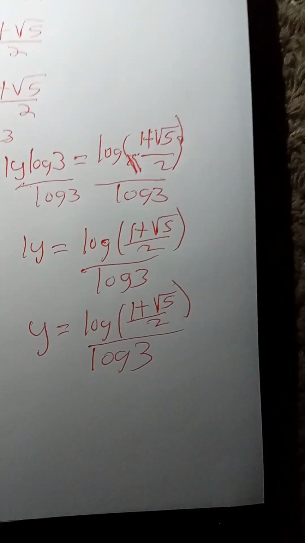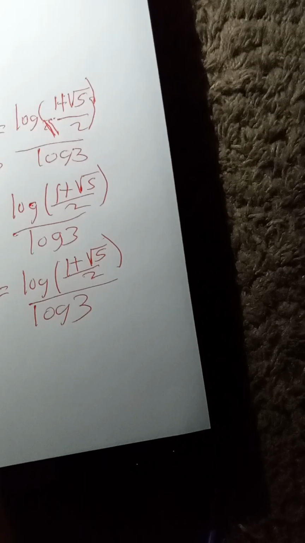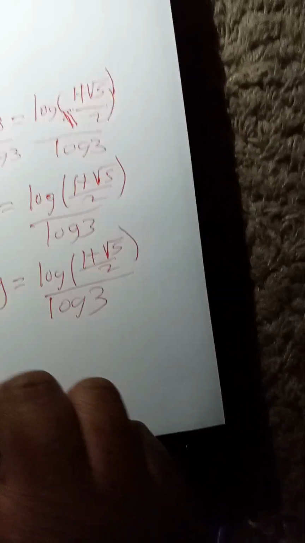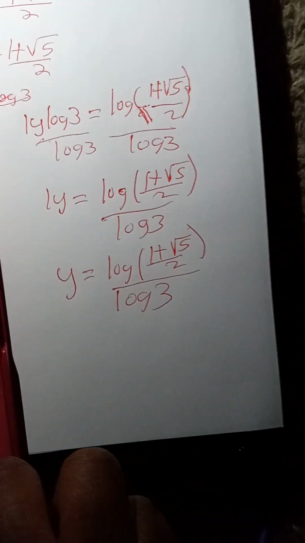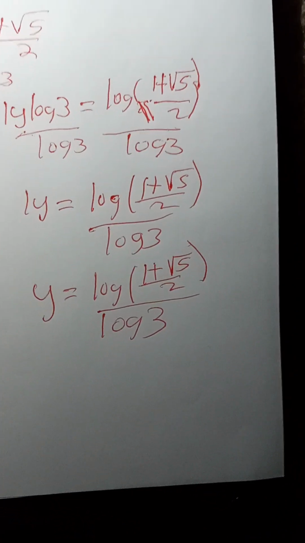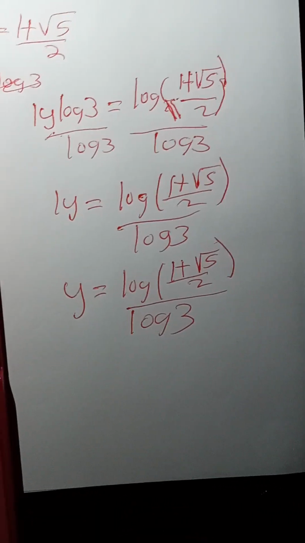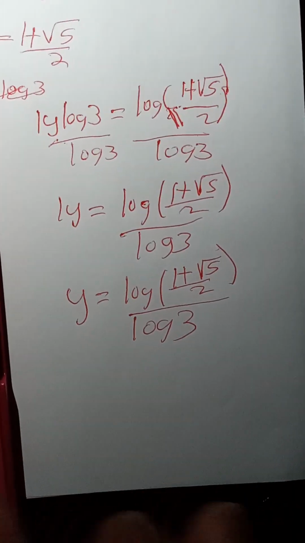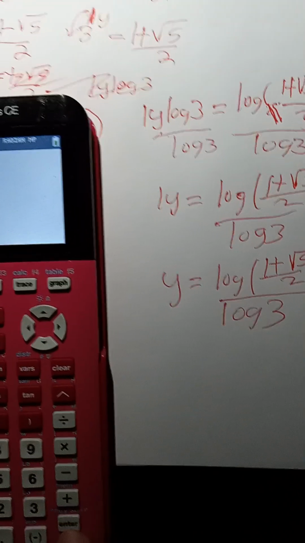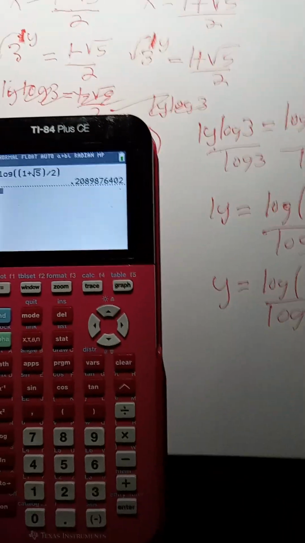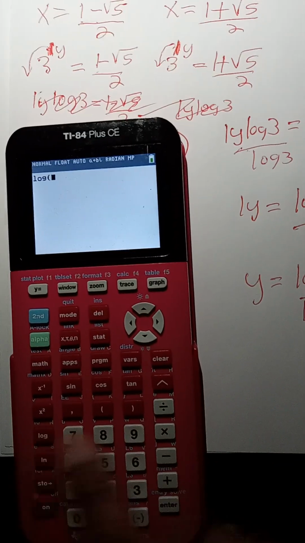Now let's check the other one. So log of 1 plus square root of 5, and close it with the parenthesis, and divide it by 2. And see, we get an actual real value here, and then divide it by log 3.